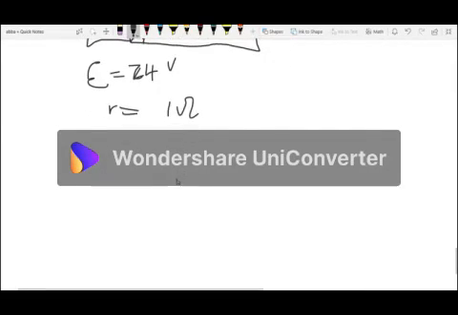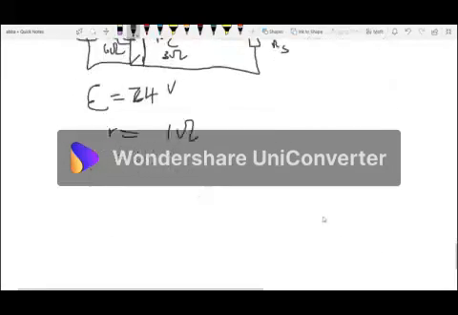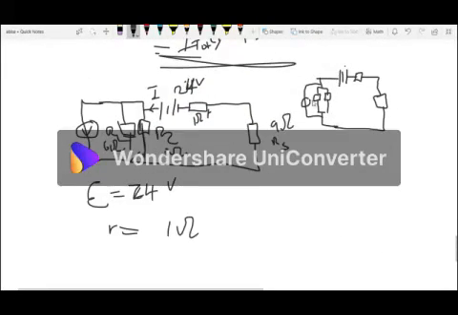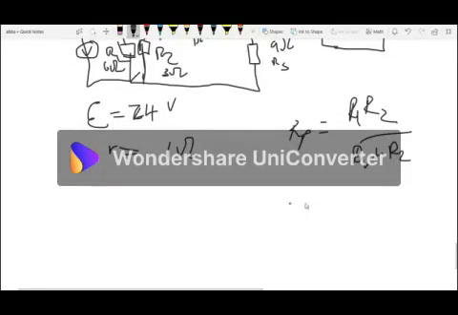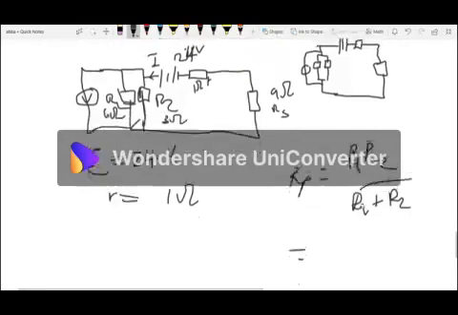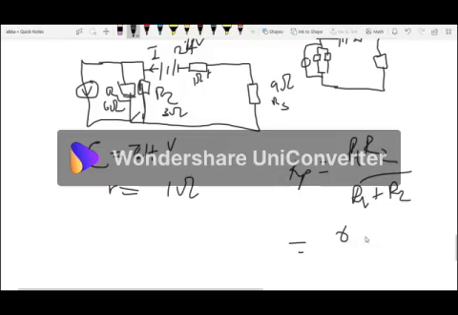So we have to find the effective resistance within the circuit. Remember, we have two parallel resistors here. So your Rp is equal to R1 R2 over R1 plus R2. R1 is 6 ohm times 3 over 6 plus 3, right?